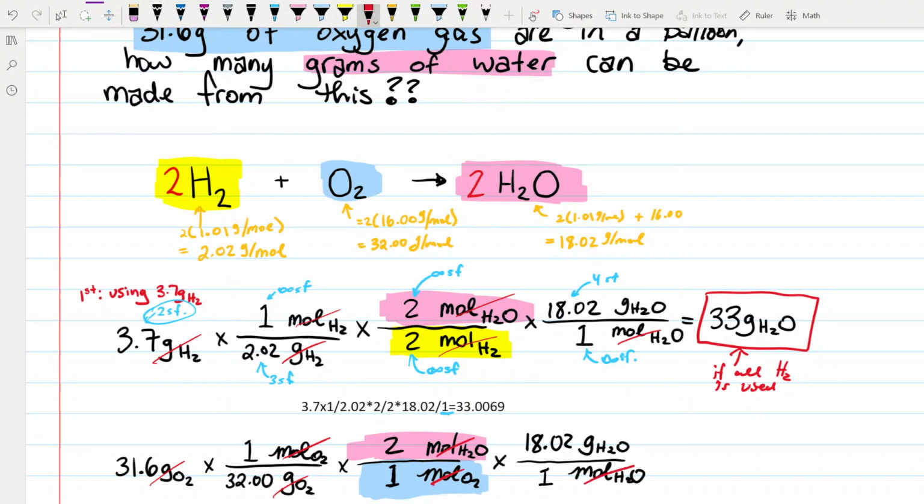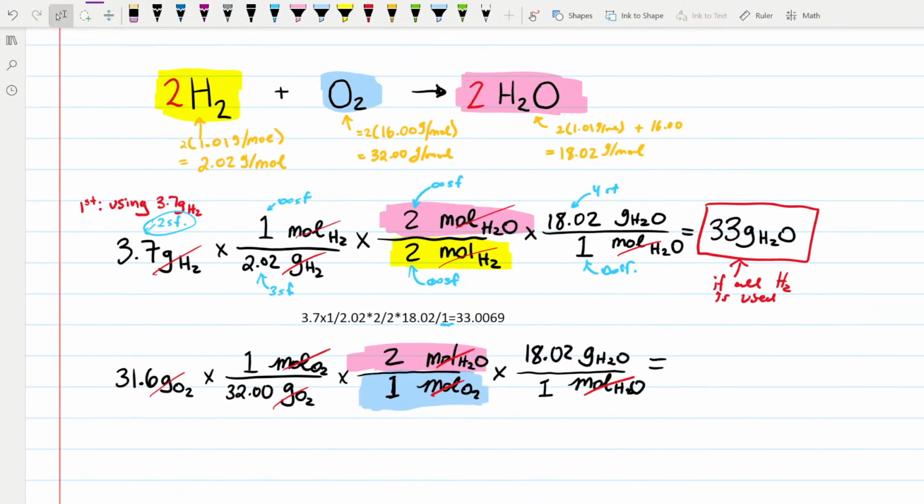Moles of water will cancel with each other. And when we do this math, we should get that. And this should be about, what should this be? This should be about 36 grams, because that is really close to 2 moles there. And each mole of water weighs 18. This should be like 35.8 or so.